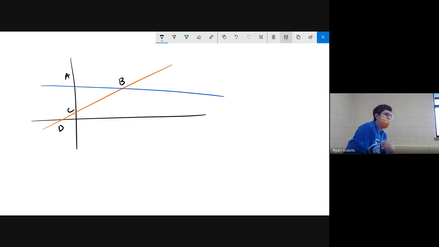Not rise over run. Which of these points, A, B, C, or D, is the solution to the system of equations? A, no. C, nope. B, yeah, that's B. That's where the two lines cross. That's the solution.